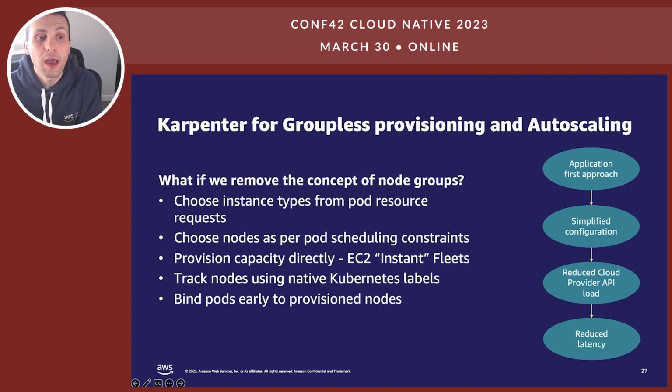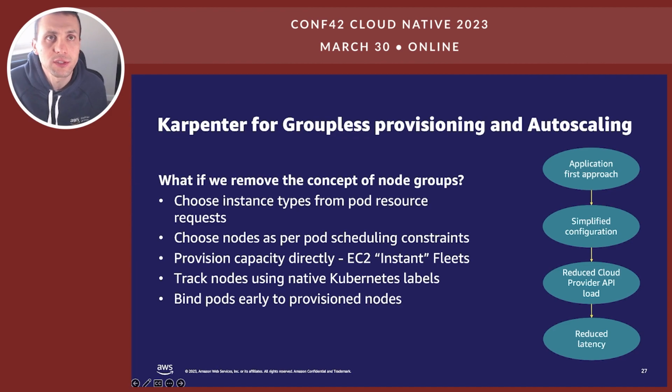So you choose the instance type from the pod resource request. When you're doing deployments, you always want to make sure you set the requests for memory and CPU, and that's what Karpenter will use to look at how much memory and CPU it requires. Then you choose the specific node as per pod scheduling constraints.